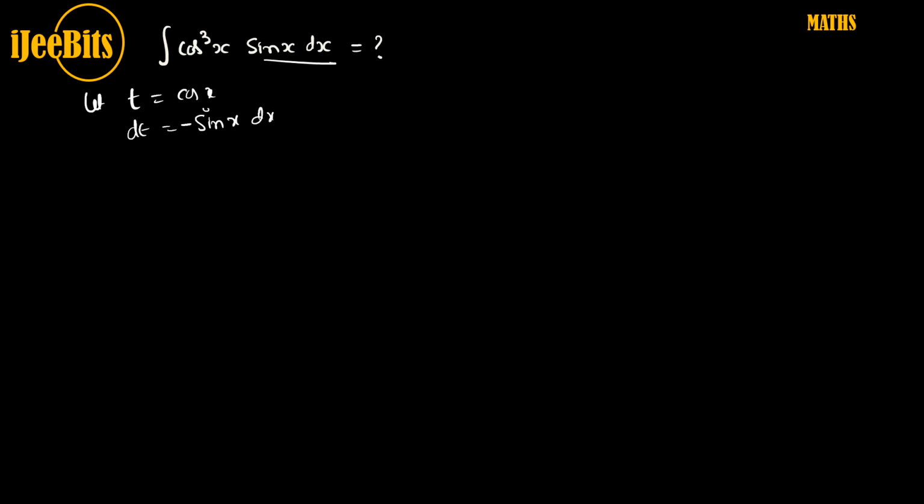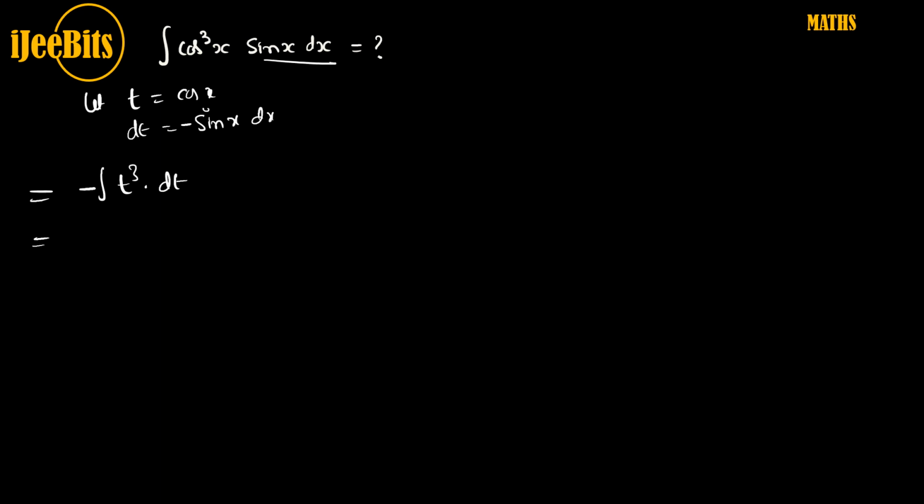So you can replace this with minus dt, and the whole cos³ x is nothing but t³. Integration of t³ dt, with the minus outside.